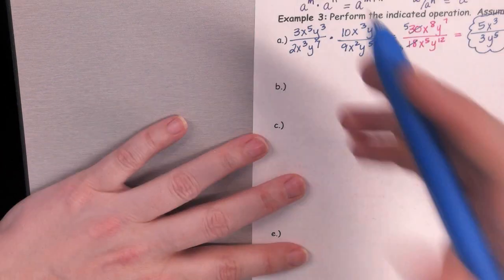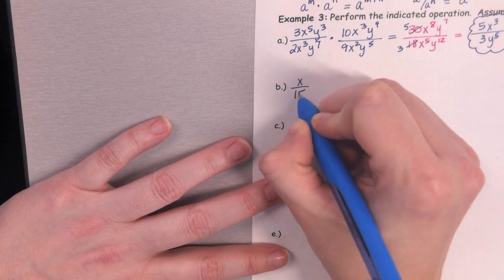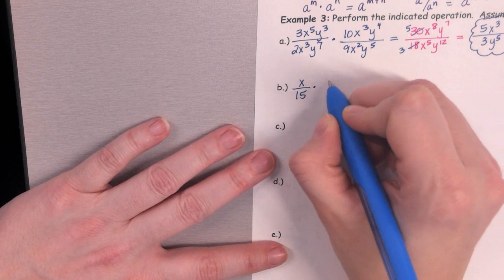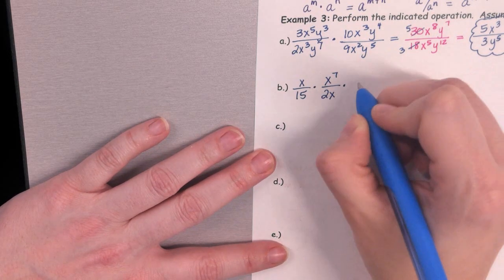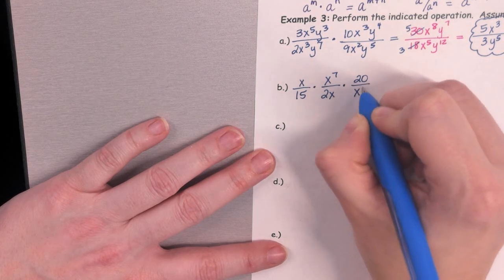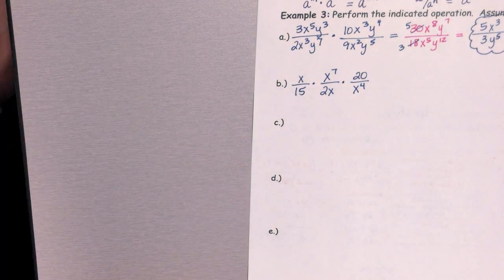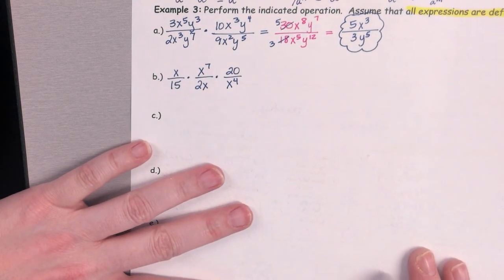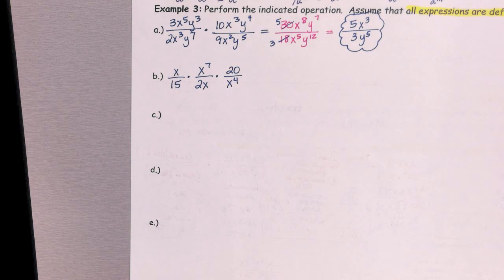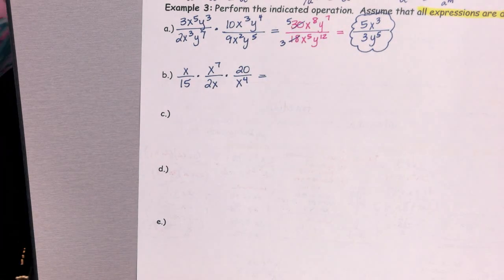All right, you guys want to try this one? x over 15 times x to the 7th over 2x times 20 over x to the 4th. And again, I would try that strategy where you just multiply everything straight across, okay?